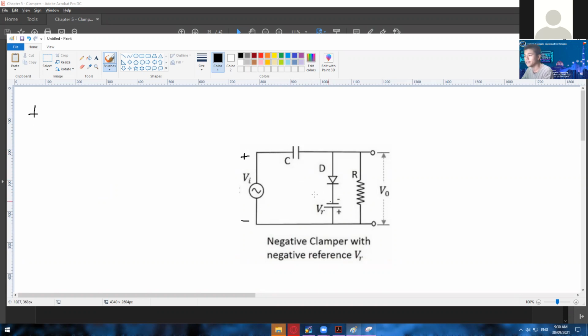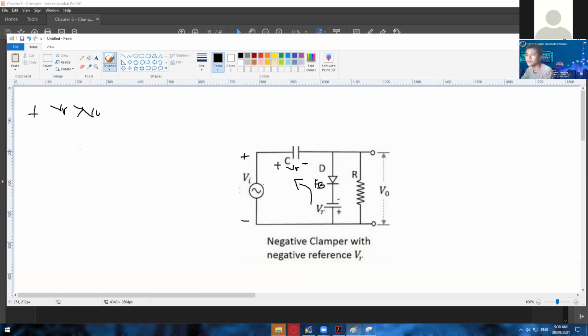So if we have that case, we can now start with the two scenarios wherein VR is greater than VI. So at that time, we have this flow of current. Okay. So negative to negative, positive to positive. So this will become a forward bias. So this will be negatively charged and positively discharged by our VR.